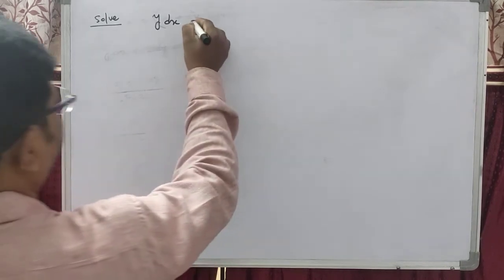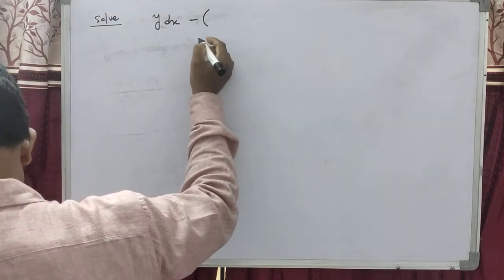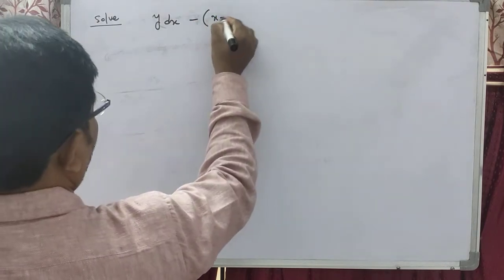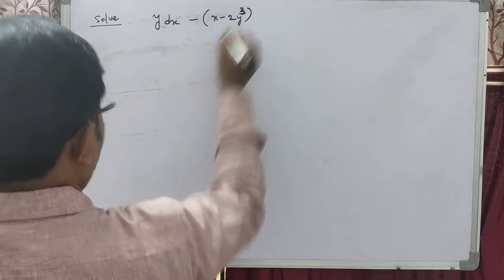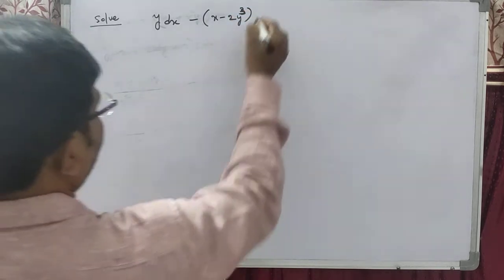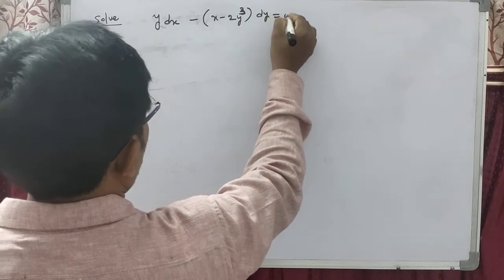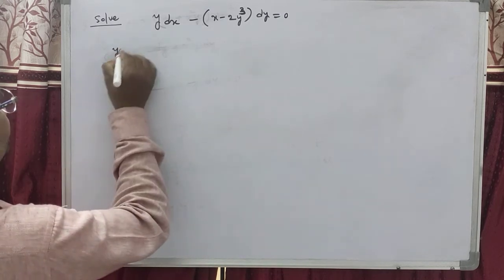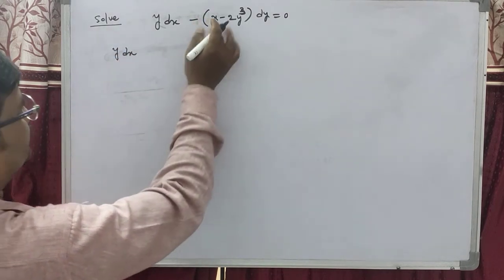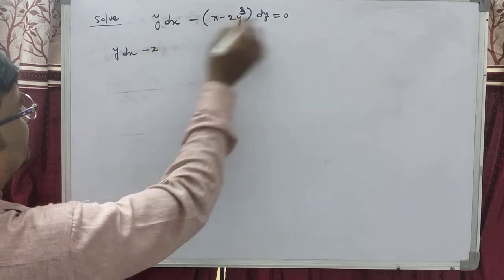Solve the equation y dx minus x minus 2y cube dy equal to 0. My dear students, here there is y dx, and this is minus x dy.